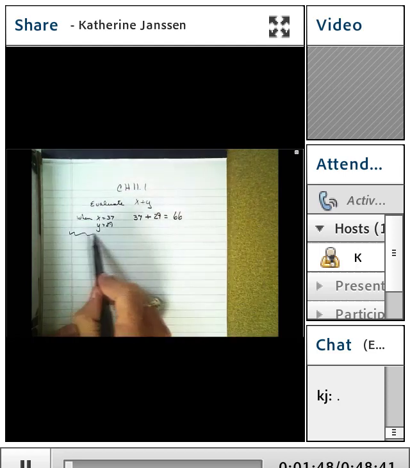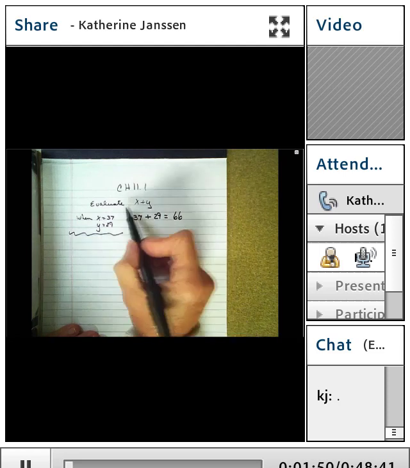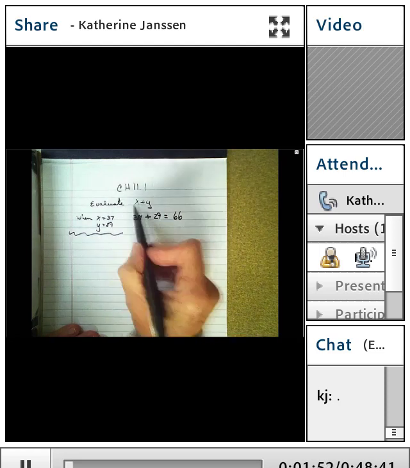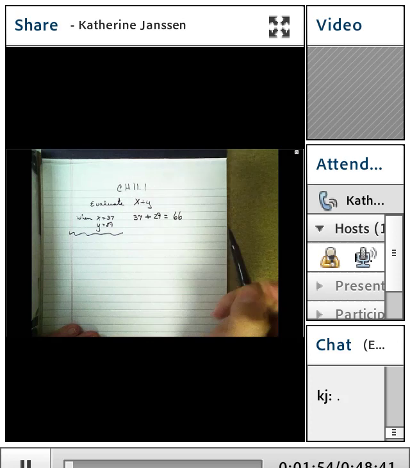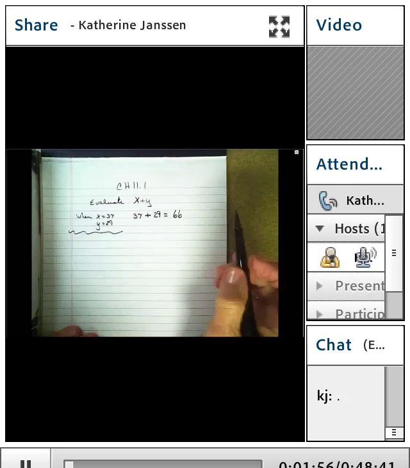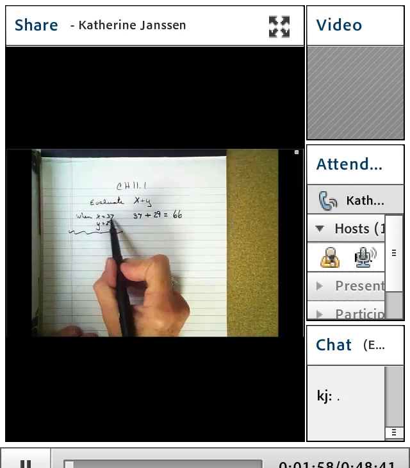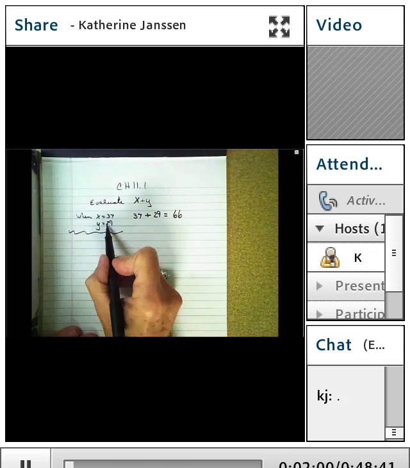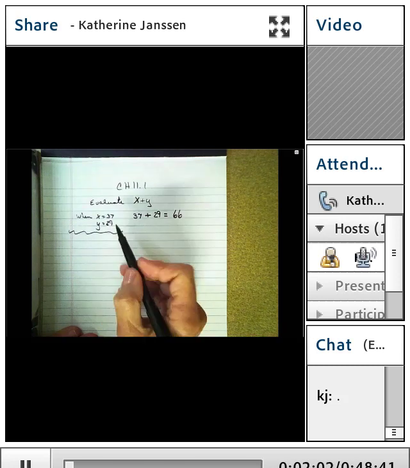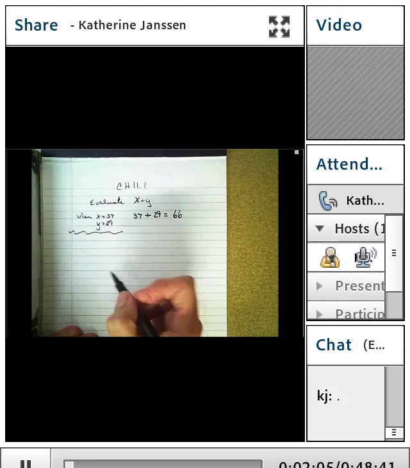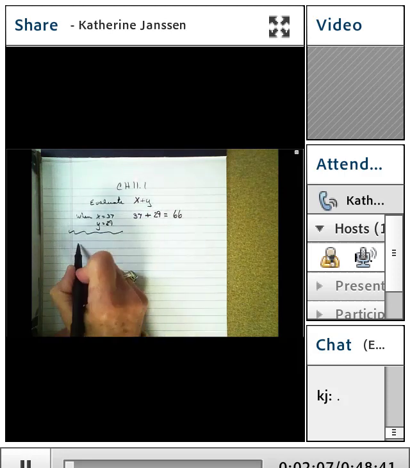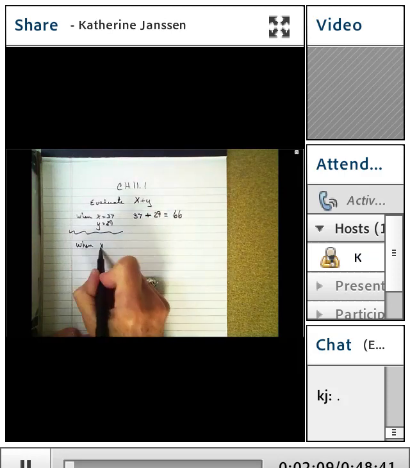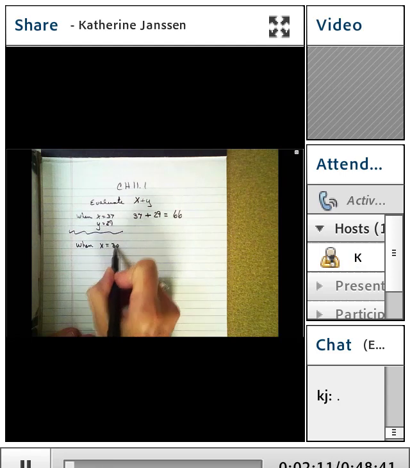But think about, this was an evaluation. We sent our field rep out into the field, and they came back and collected the data that x is 37 and y is 29. And now again, last night the field rep came back and the data has changed. X is 30 and y is 30.